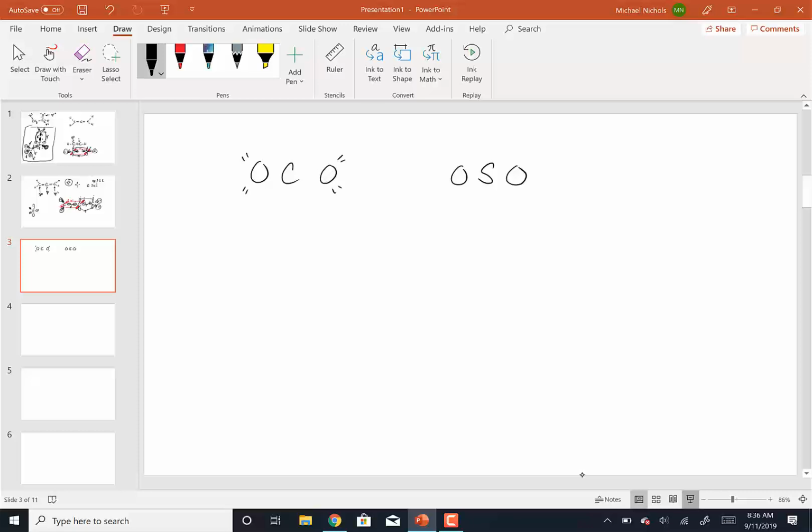What kind of bond between C and O? Okay, for sulfur, lone pairs on oxygen. 2. On this oxygen, 2. What bond between sulfur and oxygen? Over here, lone pairs on sulfur. 2 electrons, 1 lone pair.